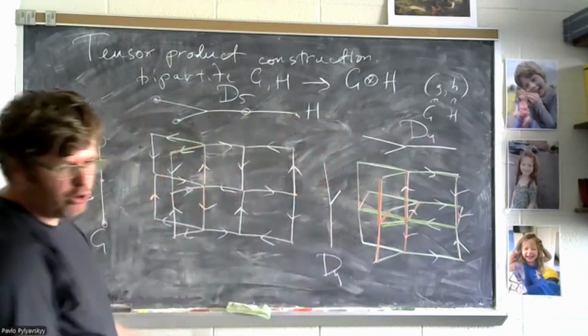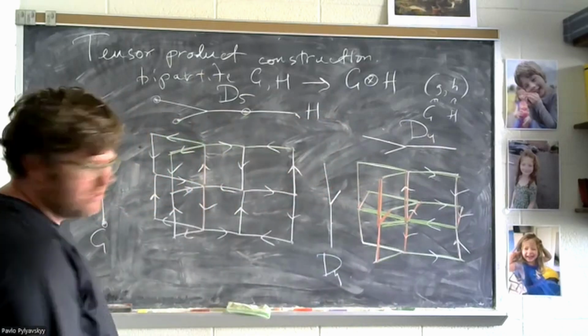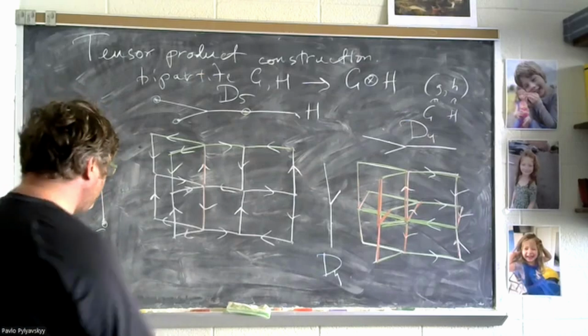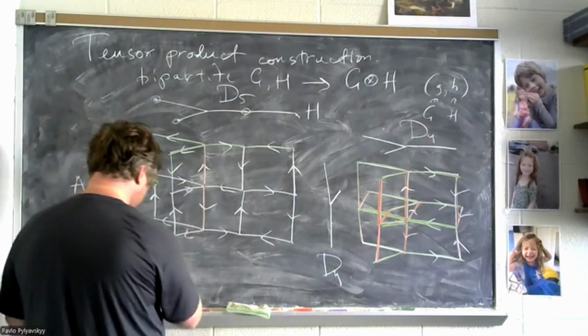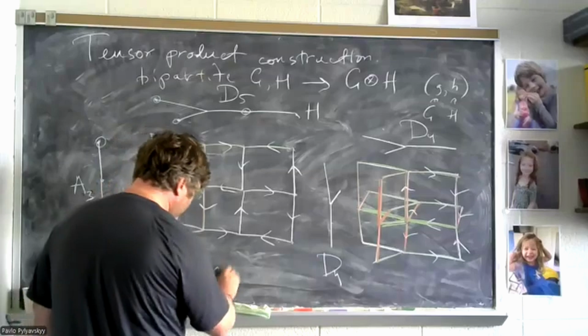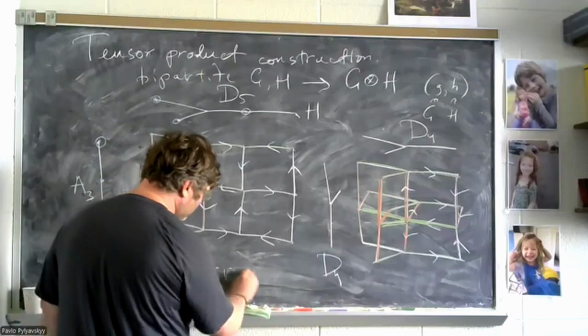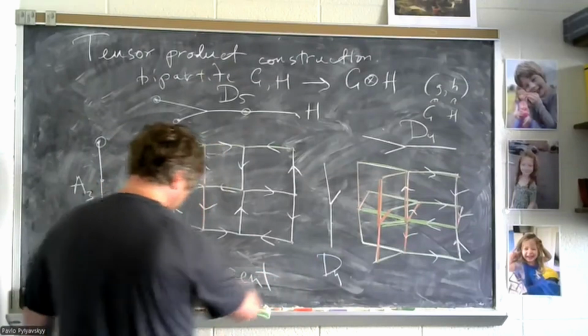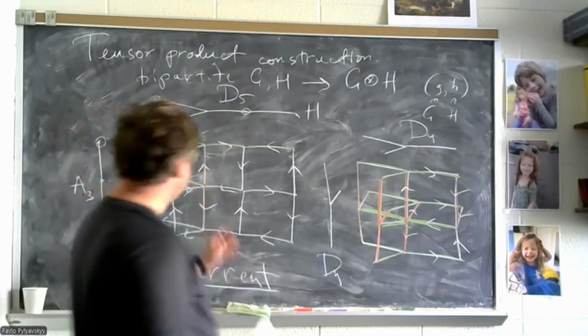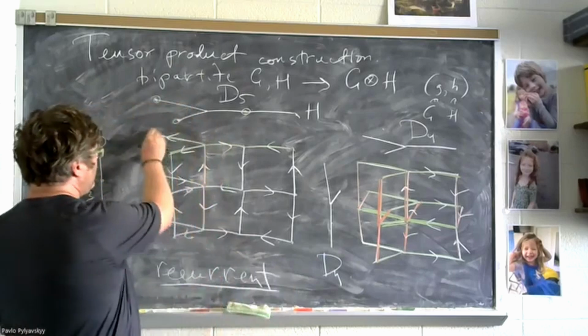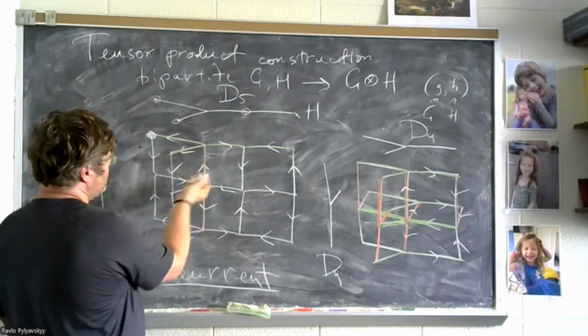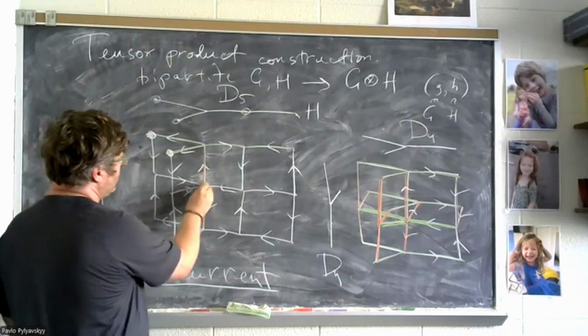You take the tensor product. The first statement is that this will be a recurrent quiver in the sense we just talked about, that if you color it black and white, which you can do since it's a bipartite graph.